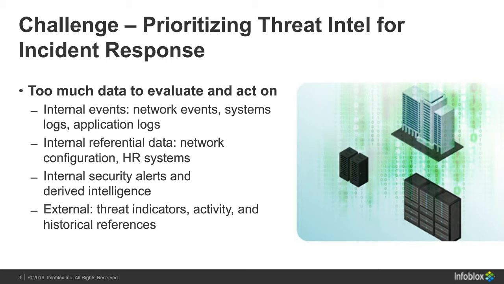Once a priority alarm or data point is surfaced, we need to rapidly build out context between that item and its relationship to the enterprise. Understand its historical behavior and how it correlates with threat intelligence. Processes, techniques, and tool sets need to support nimble and iterative data exploration. Next slide.